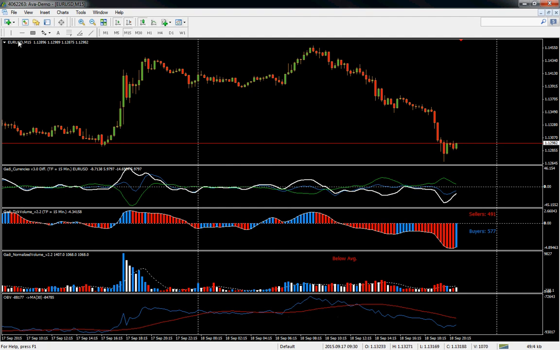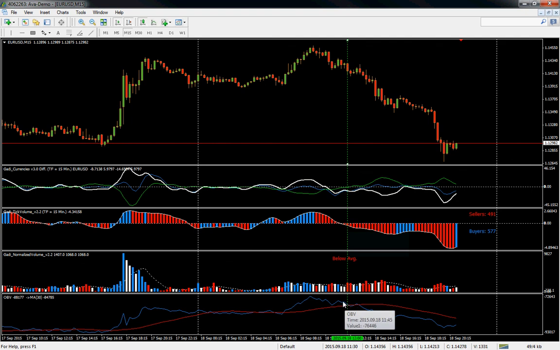Okay, let's have a quick look at how you would use all of this. Well, it's my slant on this. The first thing I'm looking for is the tick volume. Is it above or is it below 0? Where I've stuck this line in here, you can see we're below 0. We've got a red bar, we've got a red bar.